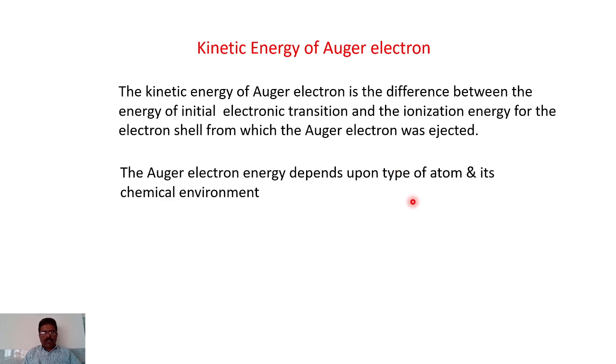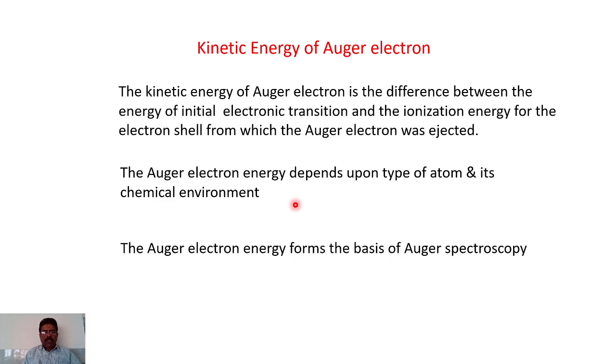Chemical environment means that sometimes the atom is part of a certain compound or molecule, so it is surrounded by different atoms. There is a force acting on the electrons in a particular atom, so accordingly the energy levels or binding energies may be modified, and that also affects the energy of the Auger electron. Therefore the chemical environment is equally important.